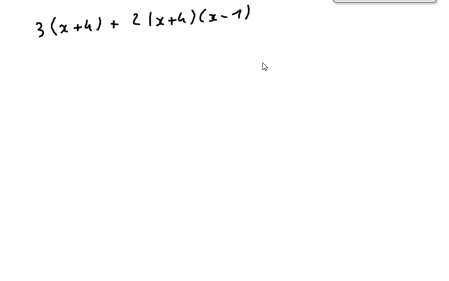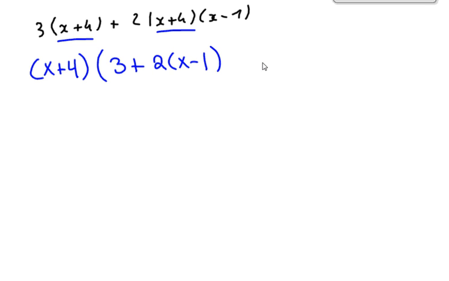One more. Do you see here how we can factor out our x plus 4? So if we take out x plus 4 from both of these, we're left with 3 plus 2 times x minus 1.